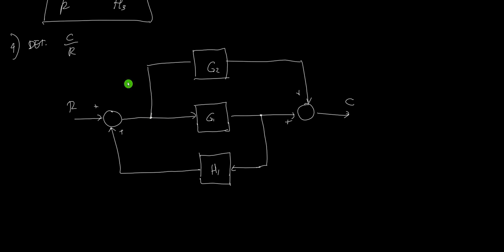We can just move the take-off points. Or you can also move this take-off point outside the summing point. Or we can move this take-off point from right to left of G1, so that this one will be just a normal canonical form.